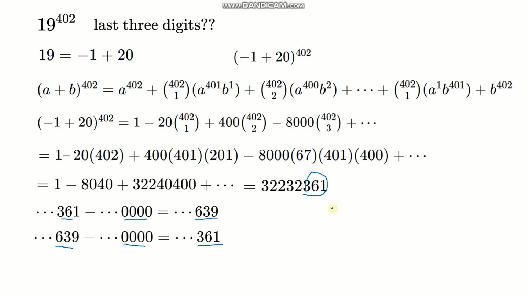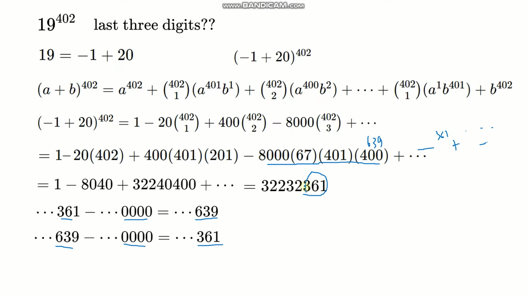This is important because after minus 8,000 times 67 times 401 times 400, we have alternating plus and minus signs until we reach 20 raised to the power of 402. So the last 3 digits of the first 3 terms are 361. When we subtract, it becomes 639, and when we add, it is still the same, and when we deduct, it returns to 361, and it goes on forever.